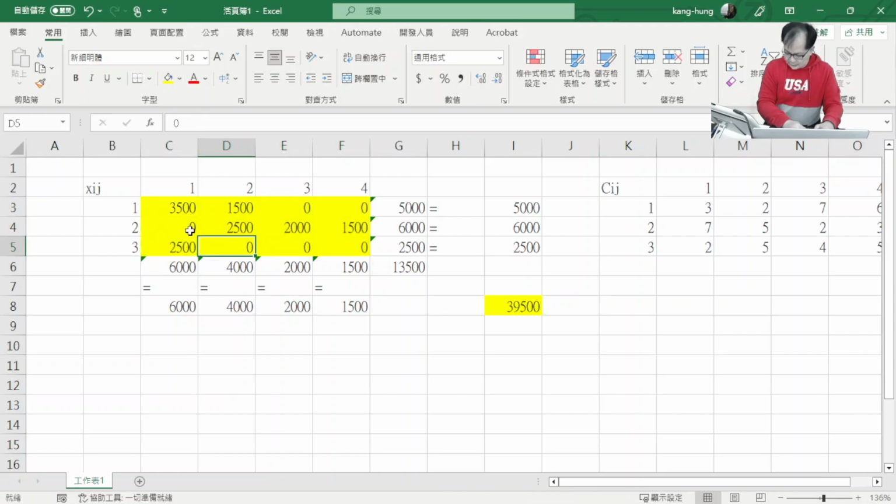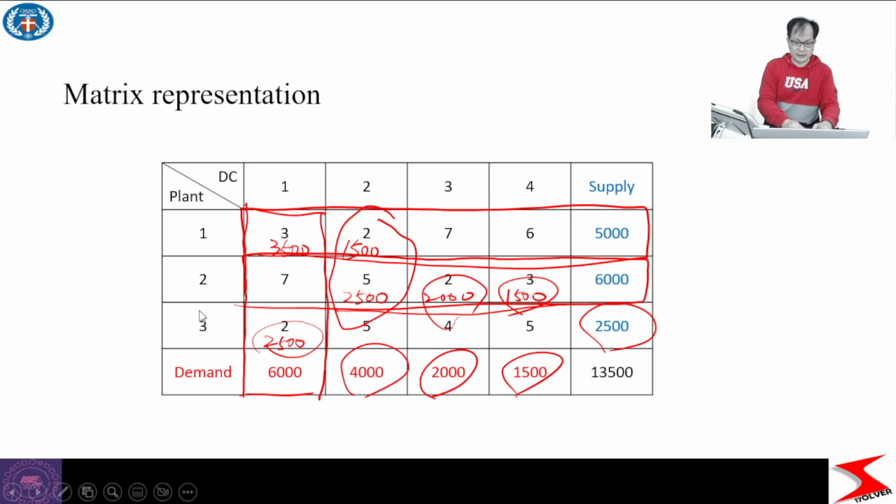Okay, so x11 is 3,500, x12 is 1,500, and x22 is 2,500, x23 okay 2,000, x24 is 1,500, and x31 is 2,500, which is exactly what we get from the games, totally the same.